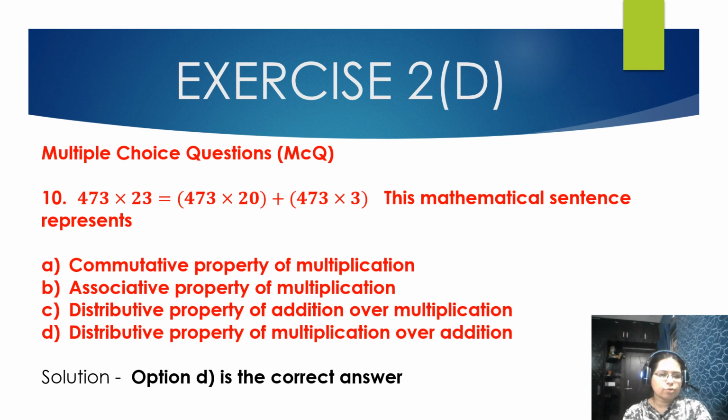Now question number 10. Question number 10: 473 multiplied by 23 is equal to (473 multiplied by 20) plus (473 multiplied by 3).